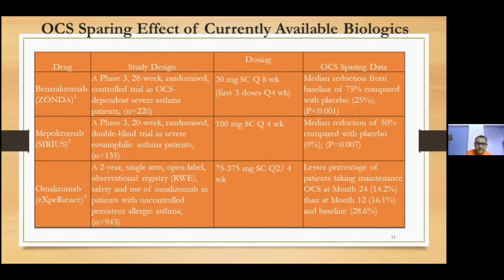For mepolizumab, the median reduction was 50% compared with placebo, and for omalizumab, there is a lesser percentage of patients taking maintenance oral corticosteroids at the 24th month than the 12th month, that is 16.1%, whereas the baseline oral corticosteroid use was 28.6%. This is not a parallel arm study. This is generally a single arm observational study.